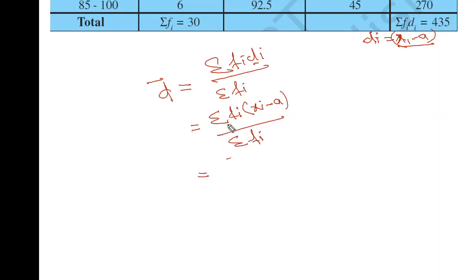Which will be equal to, now you can write sigma fi into xi minus sigma fi into a.